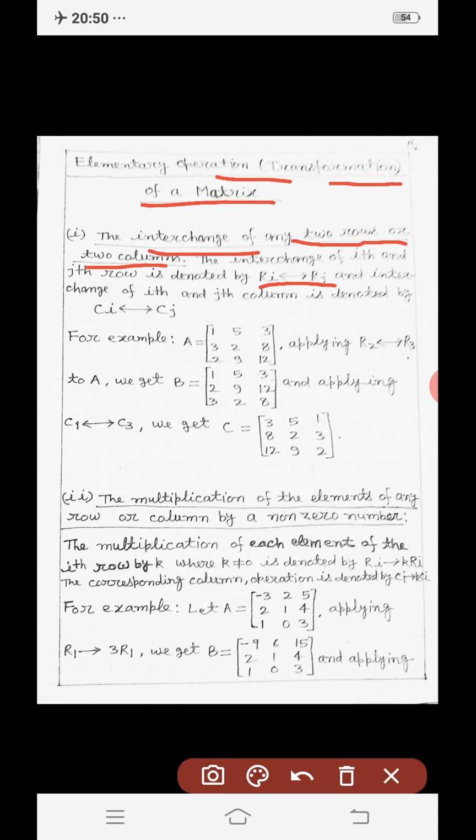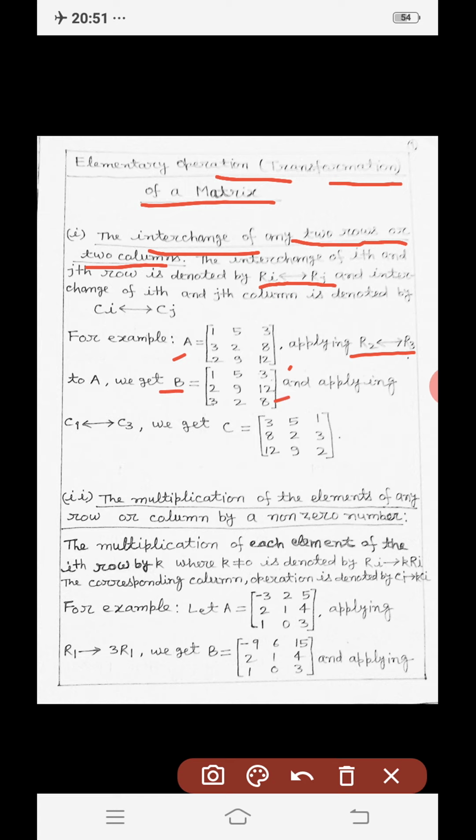For example, let matrix A equal to 1, 5, 3, 3, 2, 8, 2, 9, 12. Applying the interchange of R2 and R3 to matrix A, we get matrix B equal to 1, 5, 3, 2, 9, 12, 3, 2, 8.